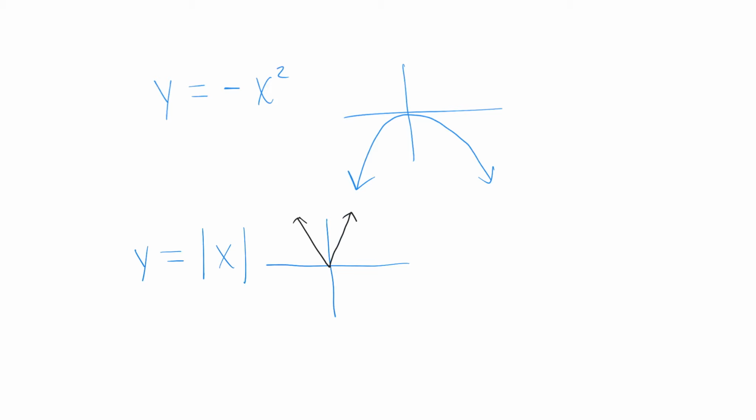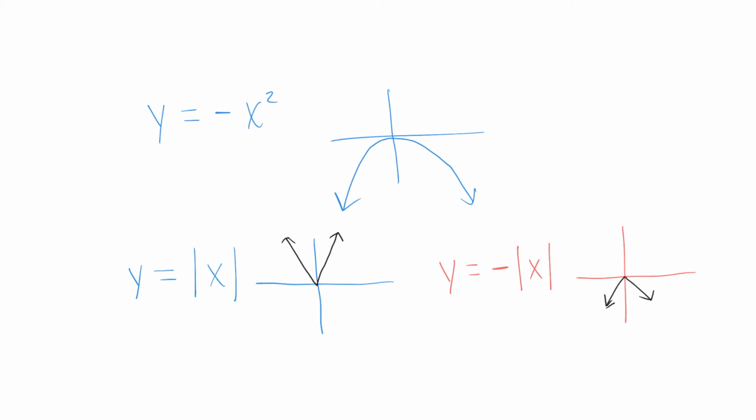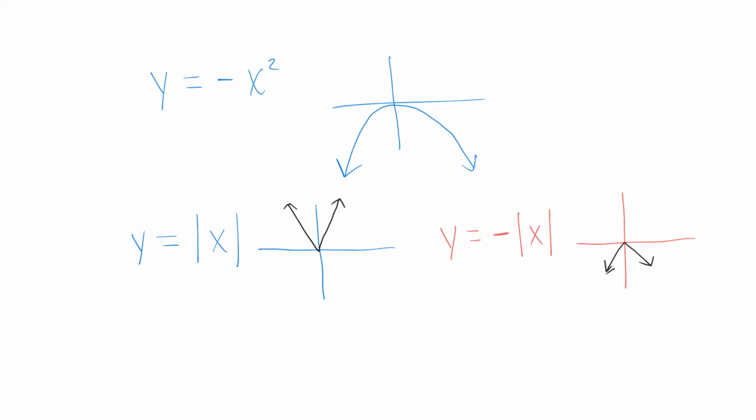So the negative absolute value, if the negative is outside, means that it's going to open down. Just like we've learned in quadratics, that negative flips everything upside down. So that's going to apply here as well. We're going to take this and combine it with this, so we're going to have an upside down parabola. So let's see what that looks like.